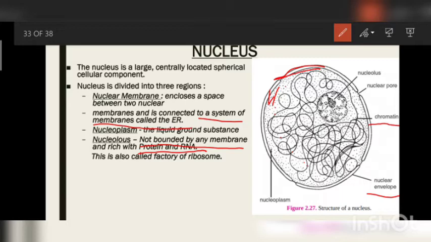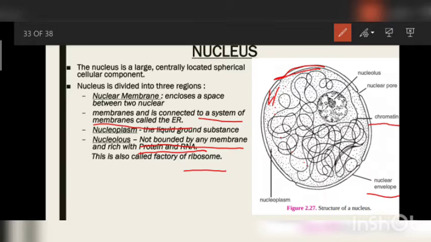You have to answer: in the nucleolus. The nucleolus is rich with RNA and protein. And where is ribosome formed? Ribosome is formed inside the nucleolus because they both contain RNA and protein. Okay, the factory of ribosome is called the nucleolus.